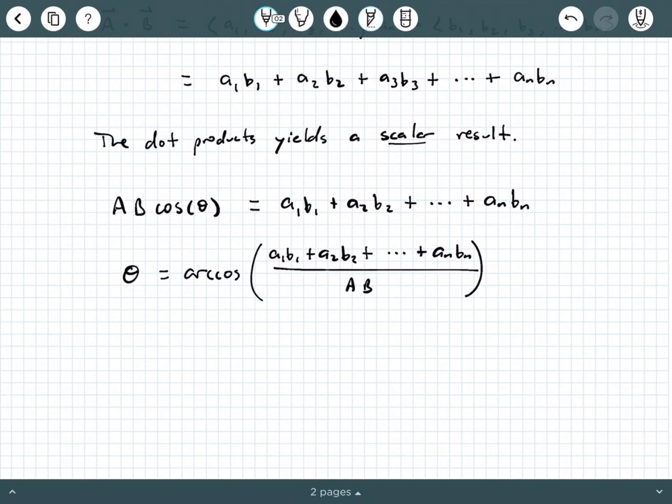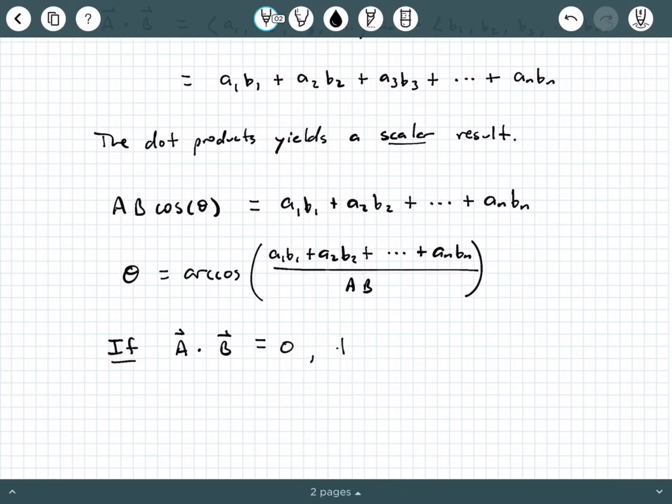Now, another interesting property inherent with a dot product that can help you realize some relations between vector A and vector B is the following. Now it's a big if: if you dot vector A with another vector B and the result is 0, then what does that mean?